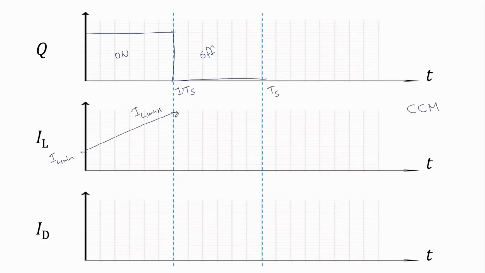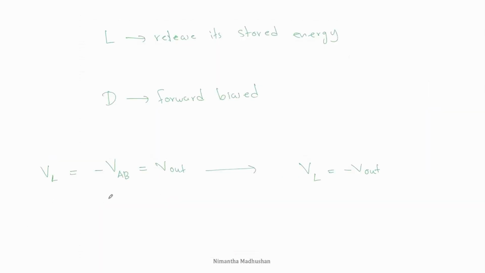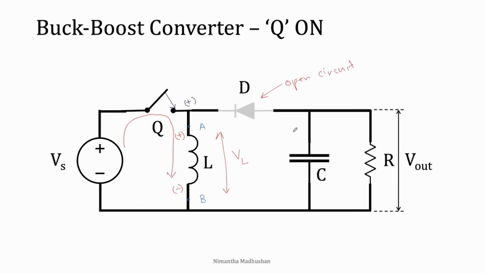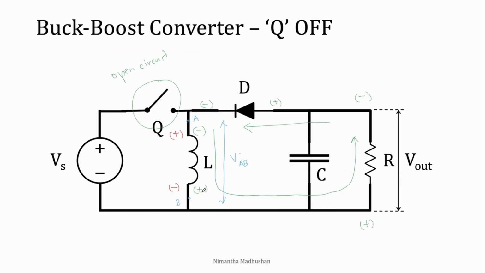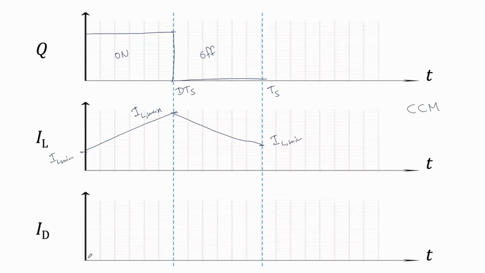During turn off time, the inductor releases its energy, then it goes back to IL min. That is the inductor current graph. If we consider the diode current during turn on time, the diode is reverse biased, so there is no current flowing through the diode, and the current through the diode is 0.